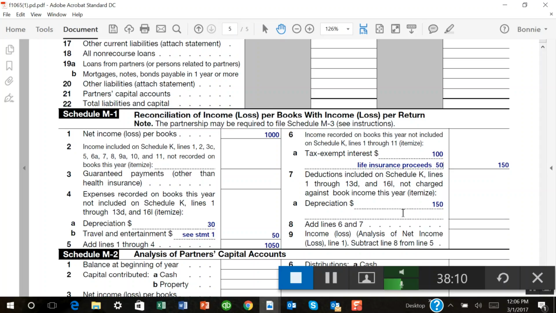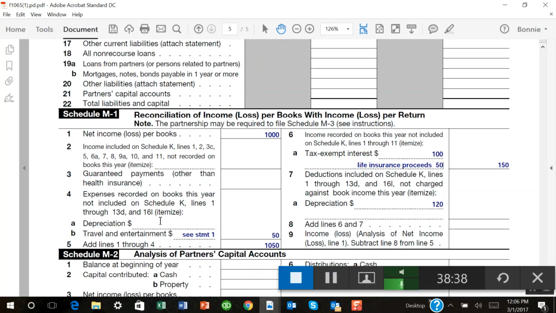So now you can see I have a difference between the book depreciation and the tax depreciation. So I have to list here those differences, okay? Now you can do this one of two ways. You can list the excess tax depreciation over book depreciation here, and in that case you would put 120 here and you would not have anything here.